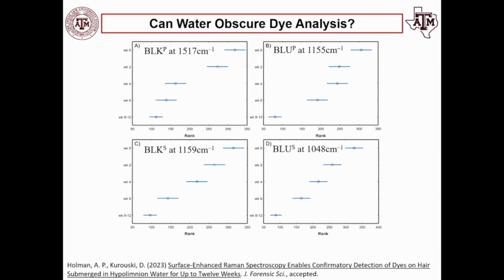And similar to the effect of UV radiation, we can trace the duration of the hair exposure to this environment. Again, as you can see, we have somewhat linear changes between the intensity of vibrational bands and the length of the hair exposure to the hypolimnion water.